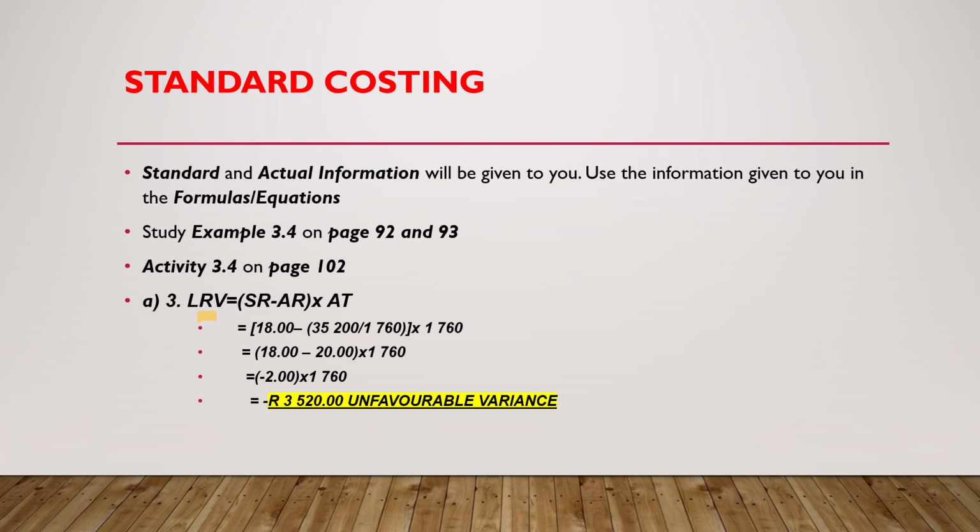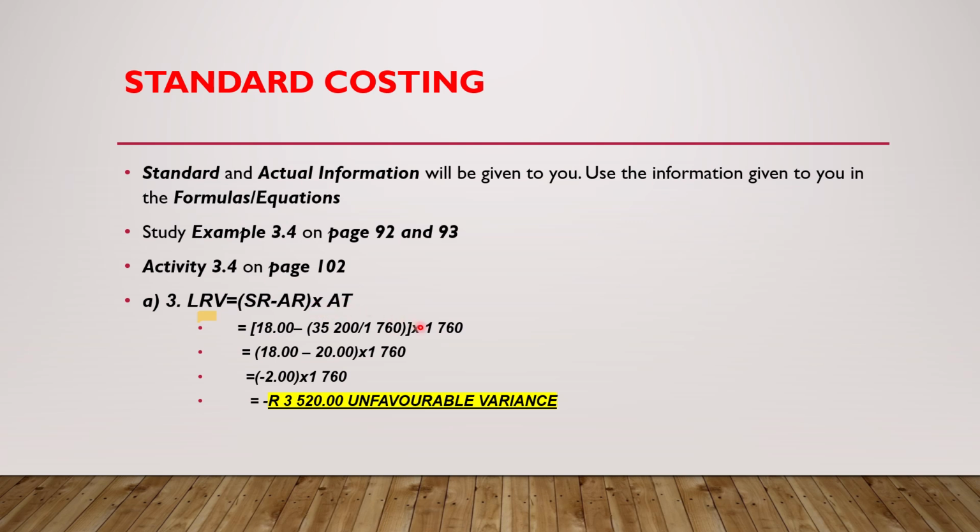But we are not looking for the total. We need to know how much they were paid per hour. So how do we calculate per hour? We take the amount that was paid, 35,200, divided by the hours that they worked. Right? And then multiply it by actual time.